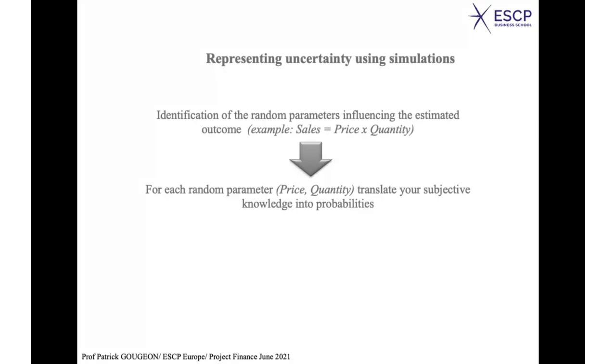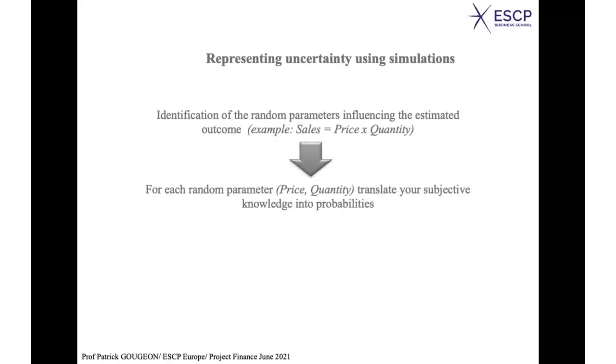Maybe these guys have an understanding of the market, how it works locally, and they would tell you, on average, you can expect this price, but it can fluctuate in a certain range. And the same for the quantities. We'll see in a minute how you can transform this subjective knowledge into probabilities.